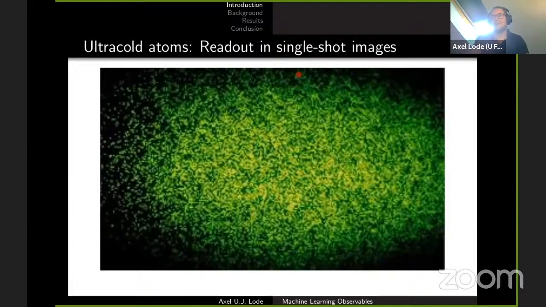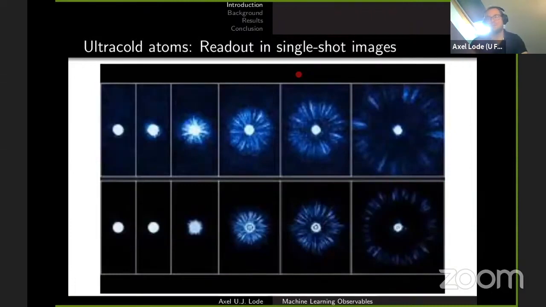And because I like these pictures so much, I put some fireworks that the Chin group generated by modulating the interparticle interactions of the atoms. So these are really like bursts of atoms flying away from a center.